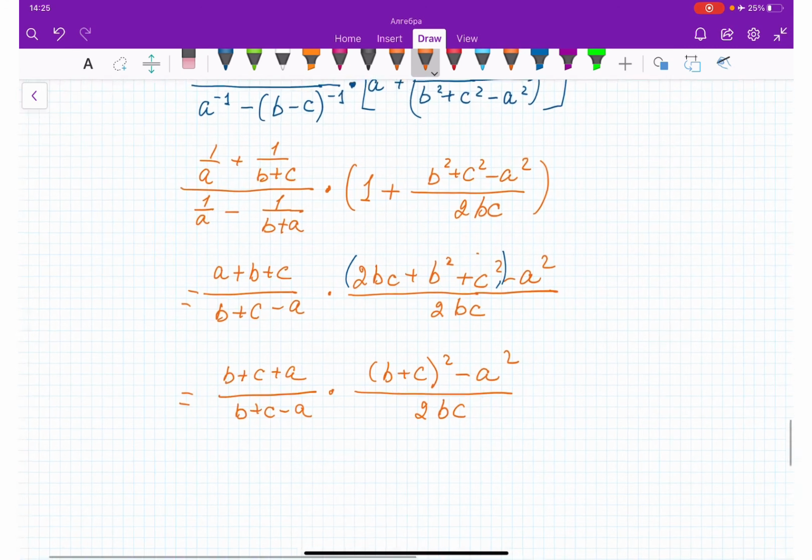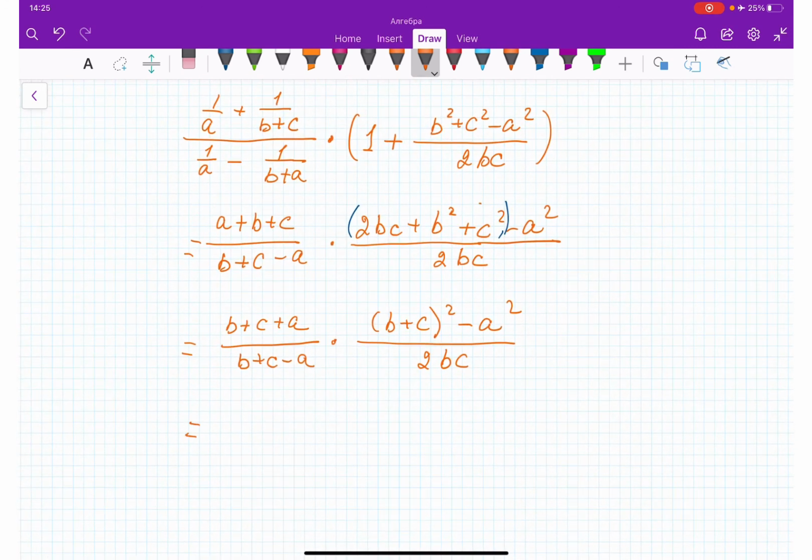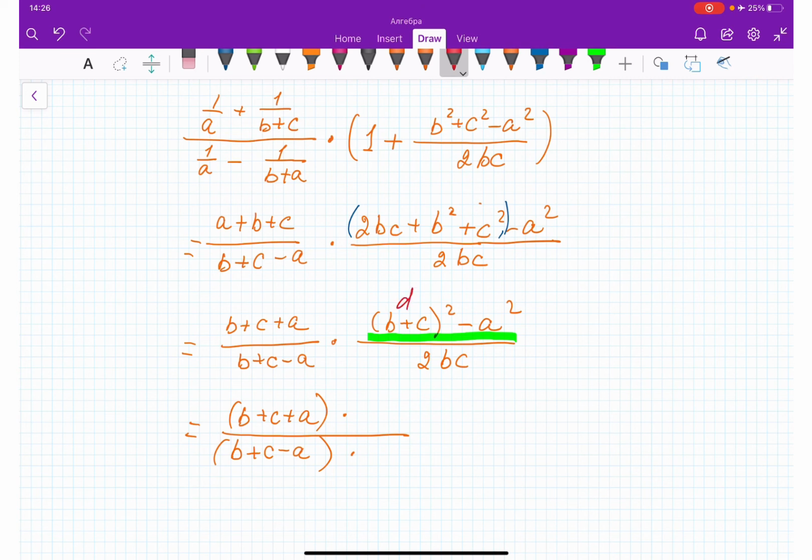So from here, we get b plus c plus a, and here also b plus c minus a. Now multiply. Look what we have here: it's a squared. If I mark down b plus c as d, I will get d squared minus a squared, which is going to be (d plus a)(d minus a).